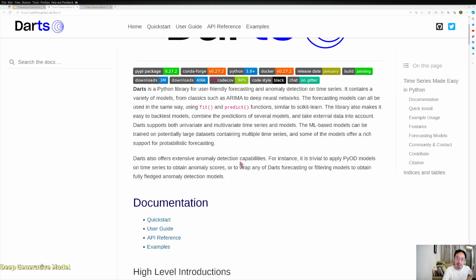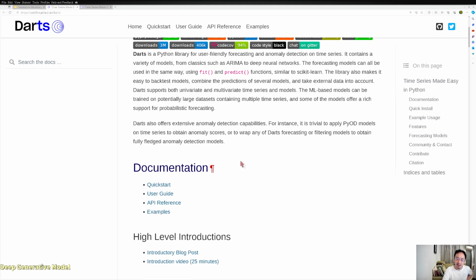It also contains a data type that is called the time series. So it makes a lot of sense because this is a library dealing with time series data and machine learning algorithms.